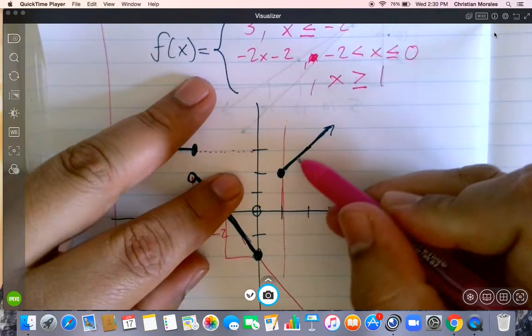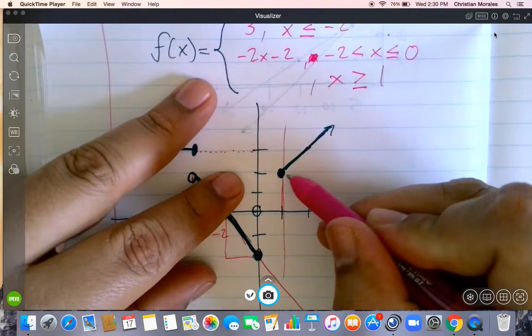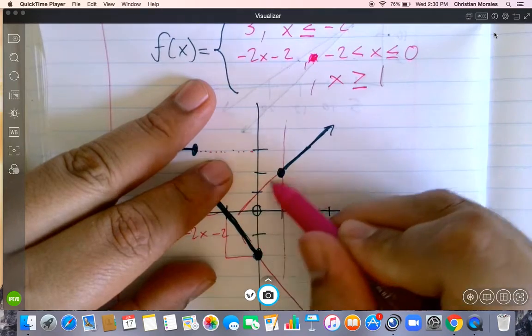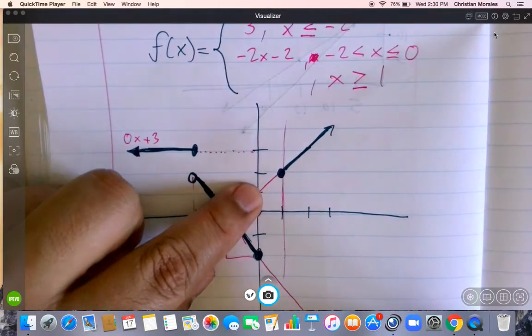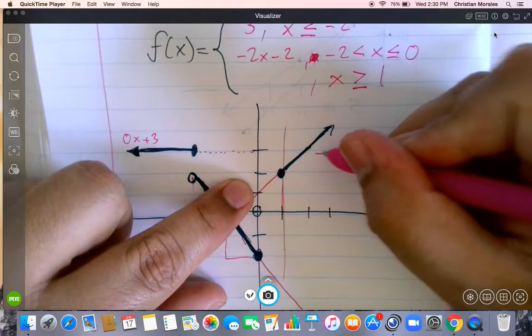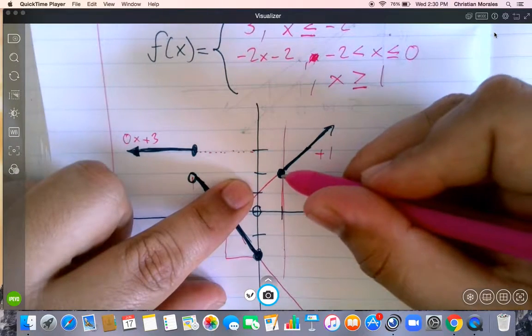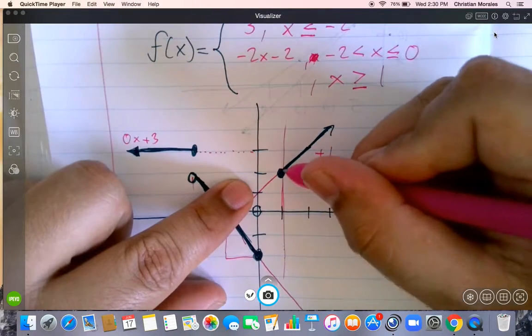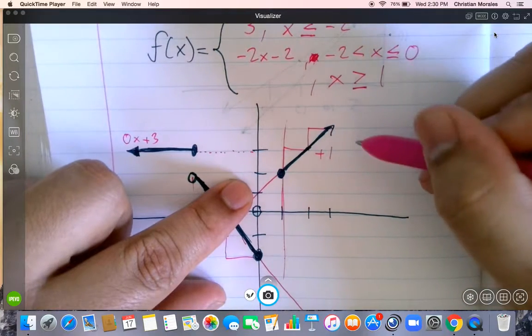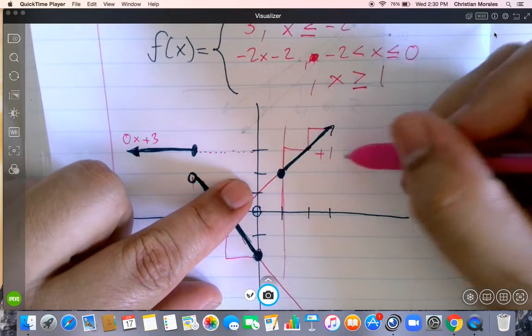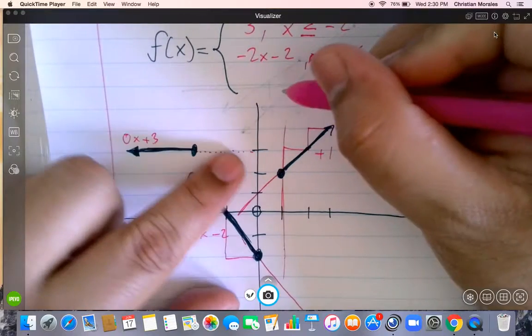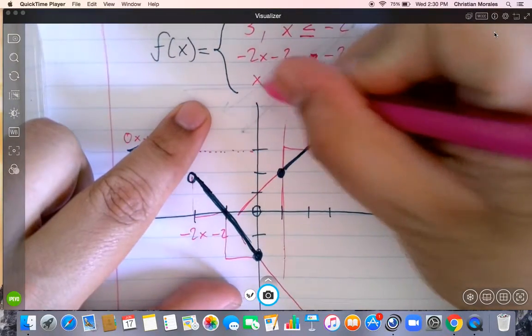The problem here is you don't go forward, you have to go backwards. Where would this line have started? +1. Would have started at +1. What's my slope? Well, looks like it's going up 1 over 1. Yeah, up 1 over 1. So I would write this equation: x plus 1.